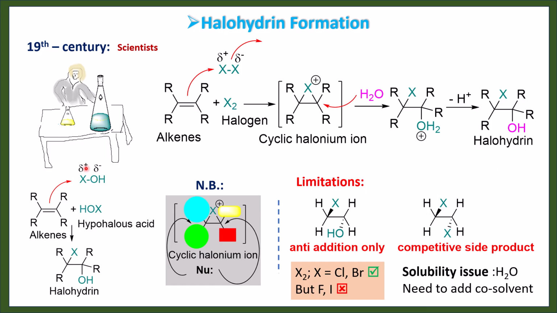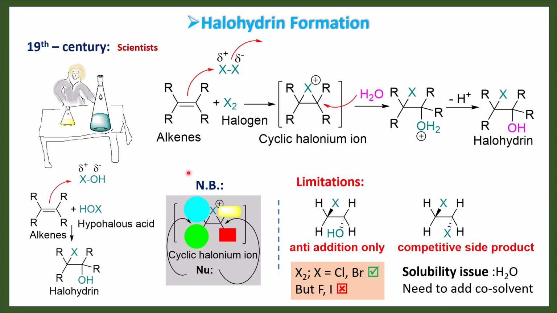Now, halohydrin formation also happens when they use hypohalous acid directly, like HOX, where X means Cl or Br. Then halohydrin formation happens.